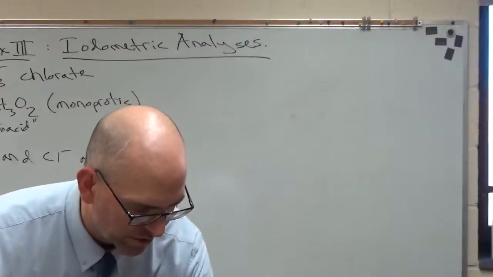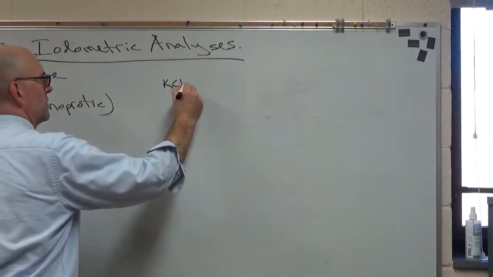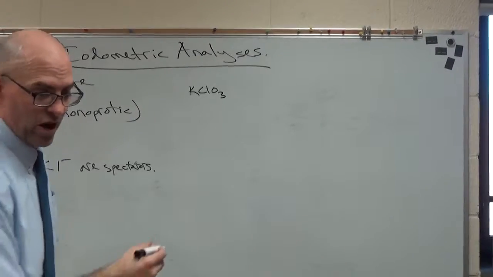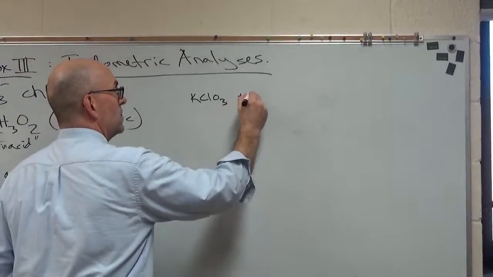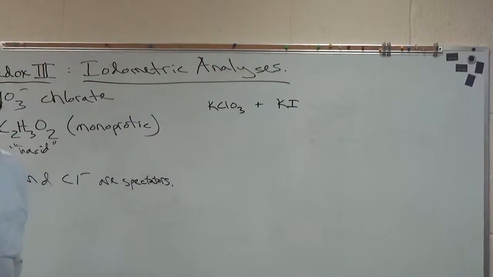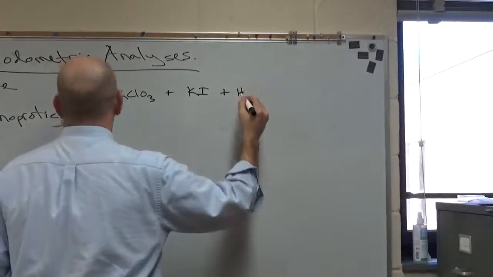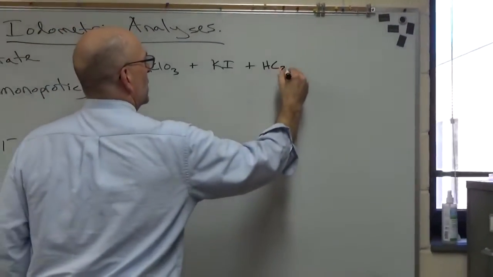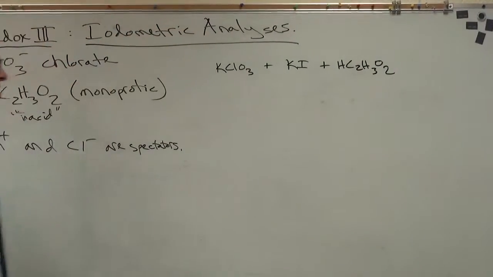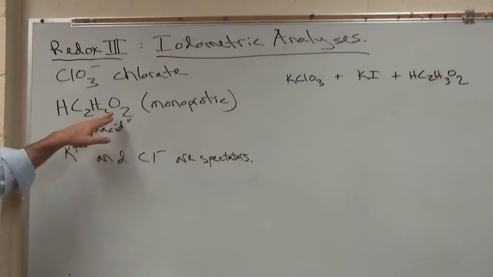So here's the generic reaction. It would be potassium chlorate, because you have to have a counter ion to the chlorate, plus potassium iodide, plus acetic acid. Some students asked in class last week, why do we write it this way rather than C2H4O2?